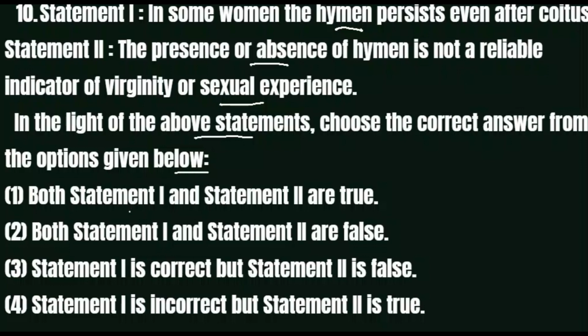Option 1 says, both statement 1 and statement 2 are true. Option 2 says, both statement 1 and statement 2 are false. Option 3 says, statement 1 is correct, but statement 2 is false. Option 4 says, statement 1 is incorrect, but statement 2 is true.